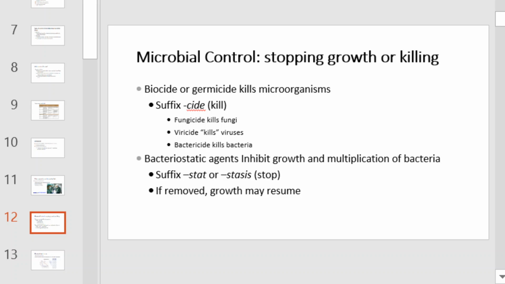Bacteriostatic agents simply inhibit growth and multiplication of bacteria. The suffix stat or stasis simply means stop. If bacteriostatic agents are removed, then microbial growth may continue, as opposed to bactericidal or fungicidal activities, which would require recolonization of a surface by a microbe or fungus in order for growth to continue.